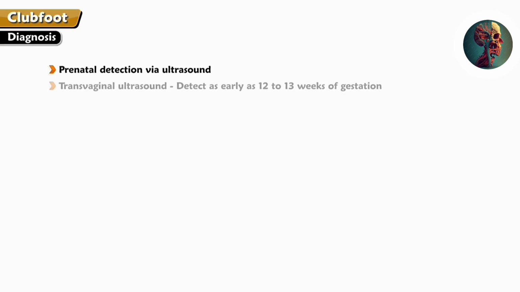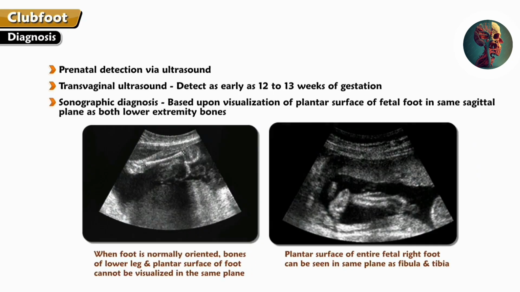Diagnosis. Clubfoot is a clinical diagnosis. Prenatal detection via ultrasound is possible. Transvaginal ultrasound can detect the abnormality as early as 12 to 13 weeks of gestation. The sonographic diagnosis is based upon visualization of the plantar surface of the fetal foot in the same sagittal plane as both lower extremity bones.